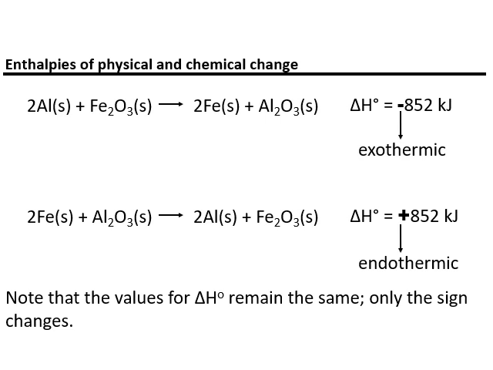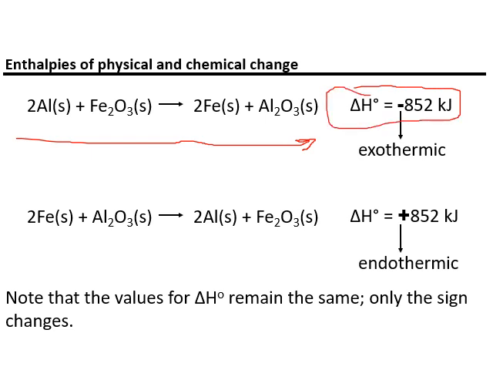Next slide. So here we have an example where we're going in one direction, and this is going to be a spontaneous thing because we have a very high delta H and it's negative. So this is exothermic, and it'll basically be spontaneous the way it's written. If we wanted it to go in the opposite direction, we might be able to do that by adding heat, because this is going to be endothermic.